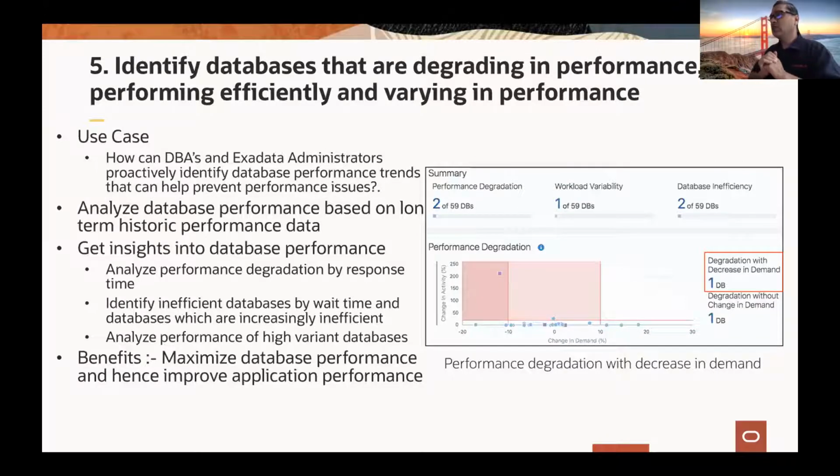The second use case here is about databases not performing efficiently, meaning there are excessive waits compared to CPU and IO usage. So such waits are needless. We should try to minimize these kinds of wait events.